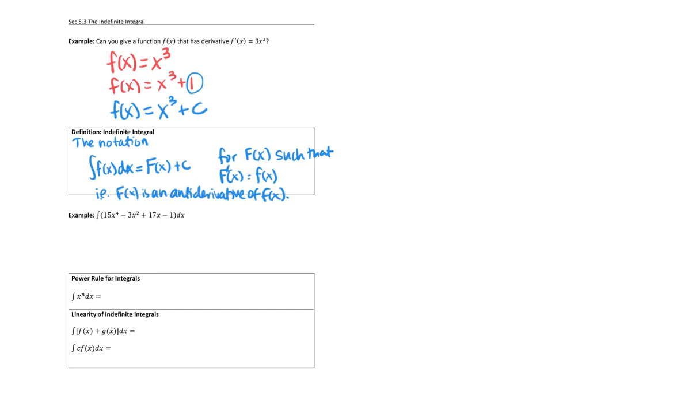Okay, and so what we have here is the idea that this notation with this integral symbol is standing for this idea of an antiderivative, or a function that has derivative little f. So that may seem a little bit surprising, because before we had introduced the idea of this integral symbol talking about maybe a rate of change, the sum of a rate of change, or an area. And so it may not be clear why that is linked to the idea of an antiderivative.